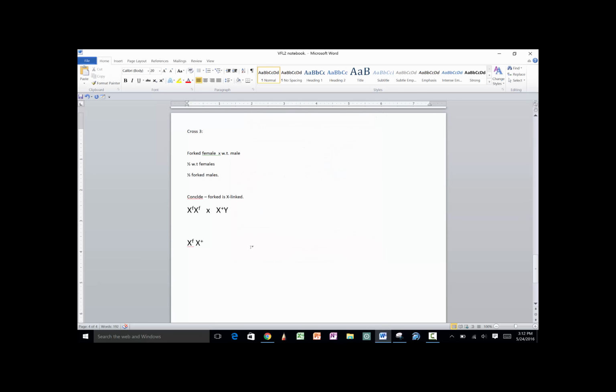What I'm doing there is right-clicking on that, going to font, and then you have the option of doing superscript, in case you don't know how to do that. So that's one of our offspring, and that's a wild type female. The males can get this X chromosome from mom, but they have to get a Y from dad.